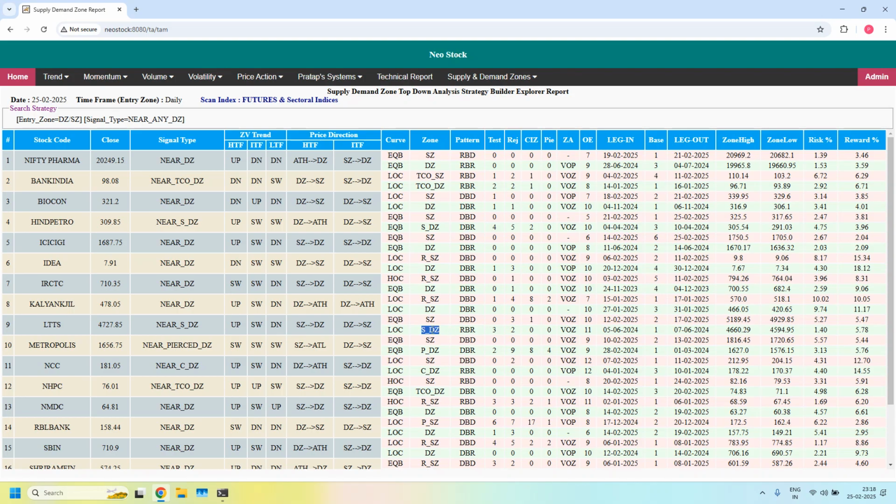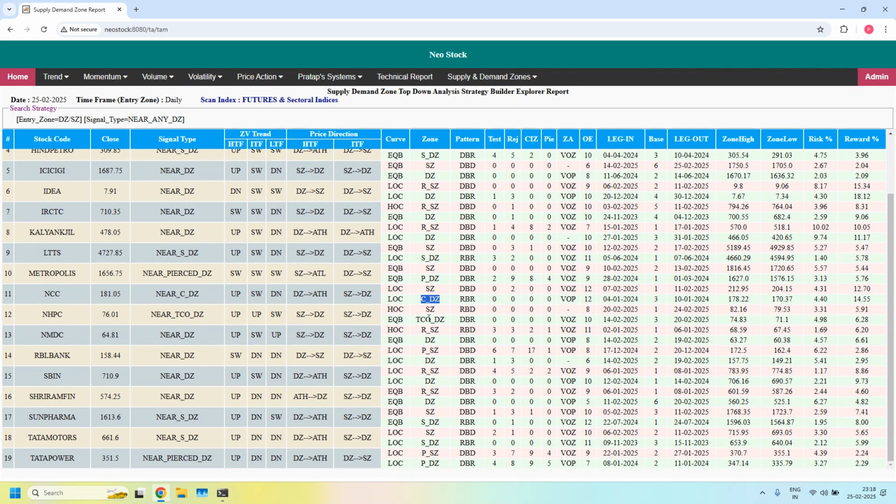L&T Technology Services, LTTS, is having a high liquidity daily demand zone. NCC is having a daily high liquidity demand zone. Sun Pharma is having a daily high liquidity demand zone. Tata Motors is having a daily high liquidity demand zone. So total 5 stocks are filtered.